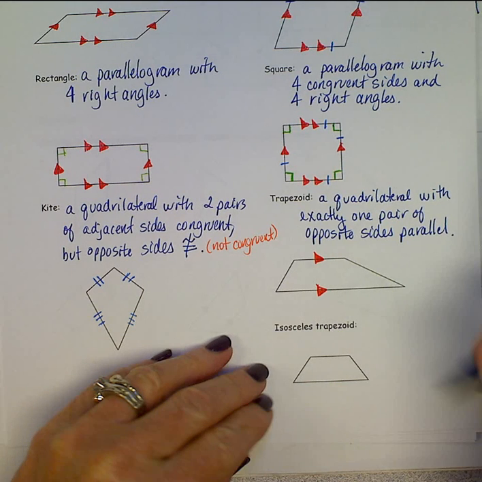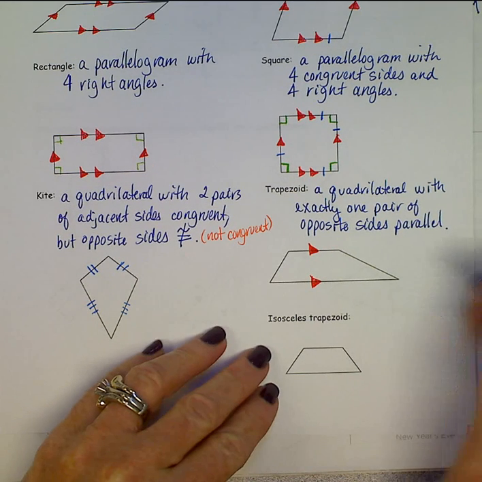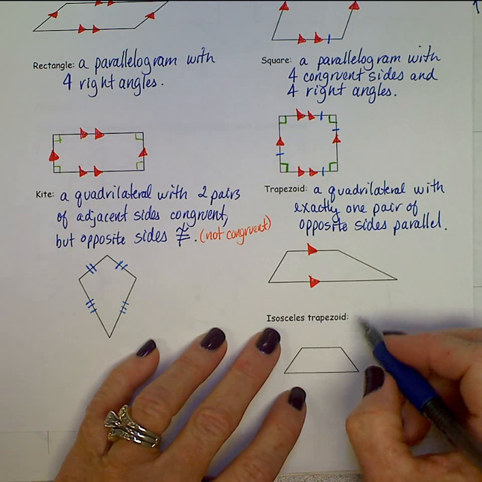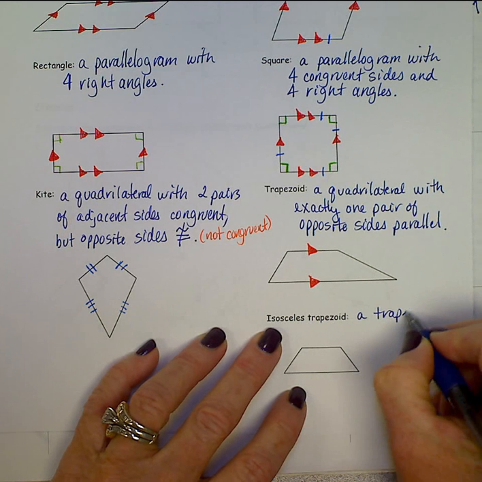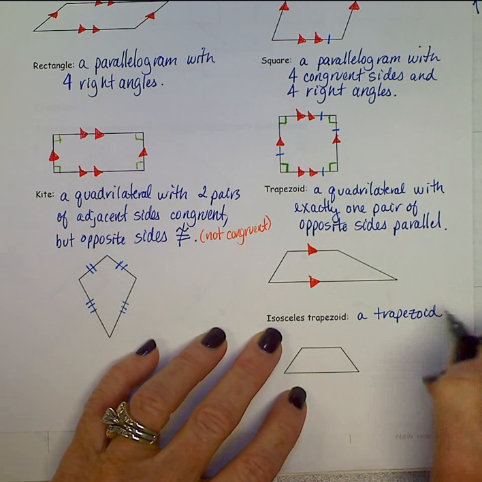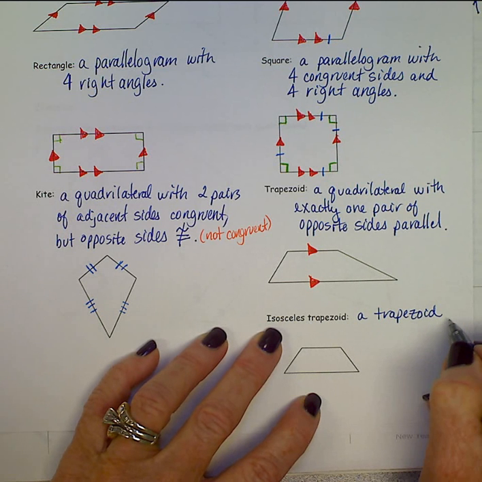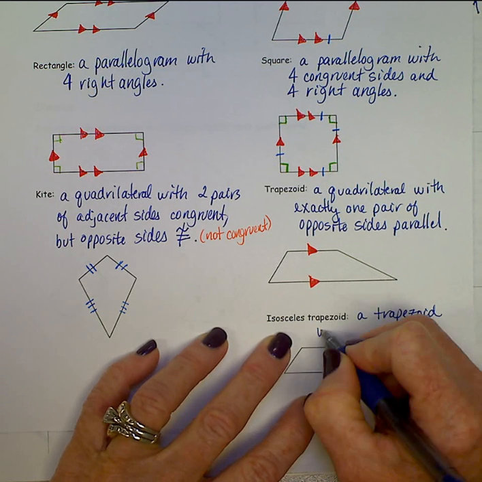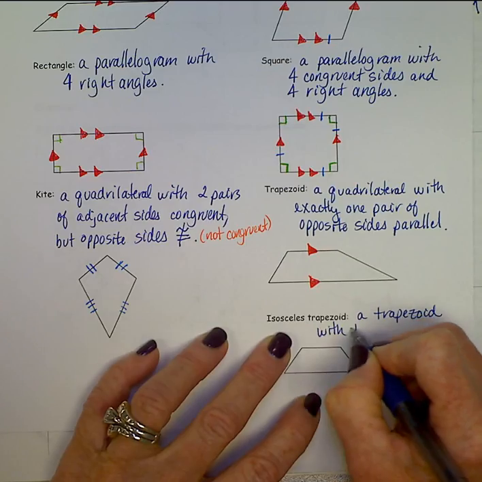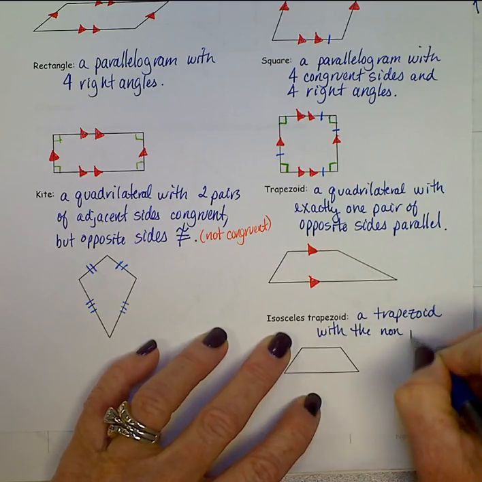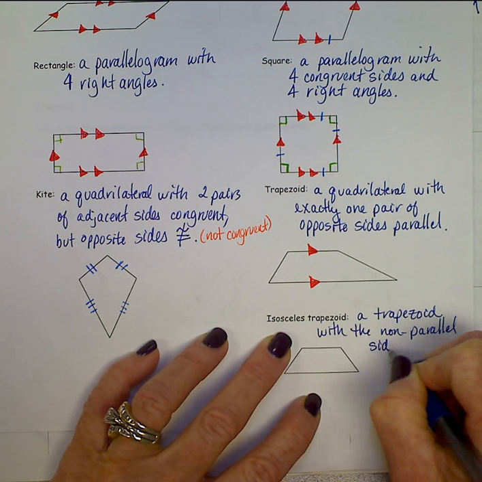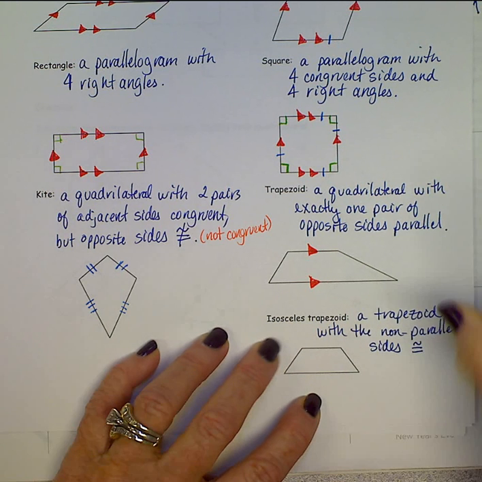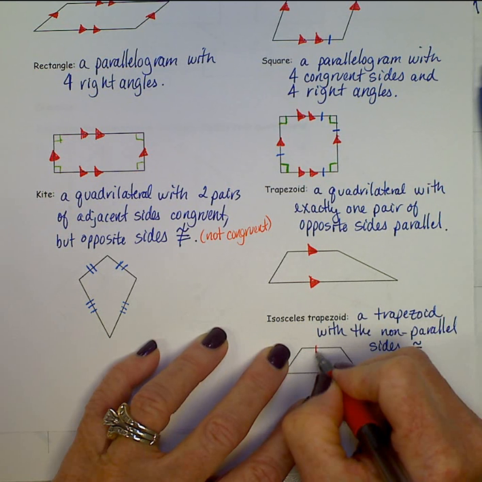And a special case of a trapezoid is an isosceles trapezoid. An isosceles trapezoid is a trapezoid with the two non-parallel sides congruent.